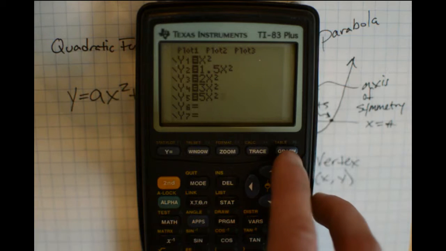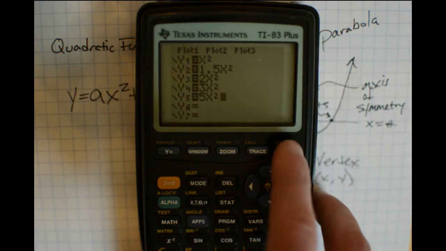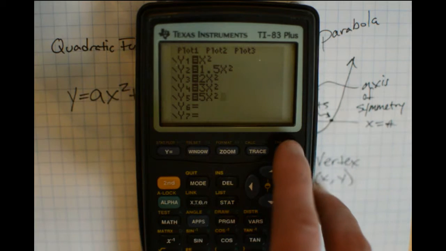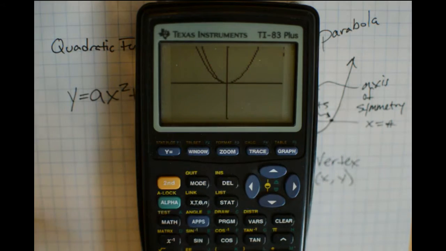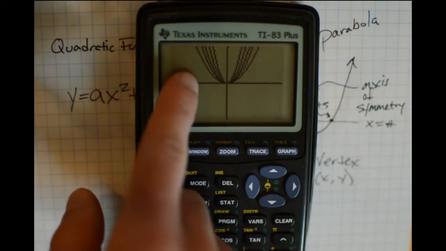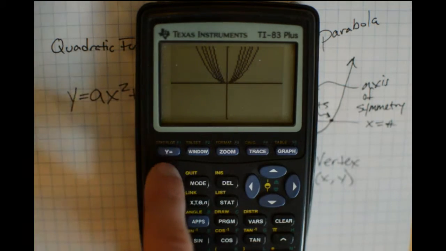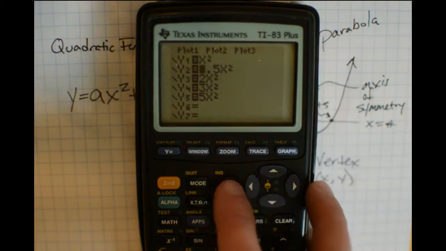If we graph those, we'll see what happens when you increase the coefficient of x squared, what we refer to as a. So there's 1.5x squared, 2x squared, 3x squared, 5x squared. What's happening here is as a got larger, that parabola got more and more narrow. I want to go back and see what happens when we make those smaller.